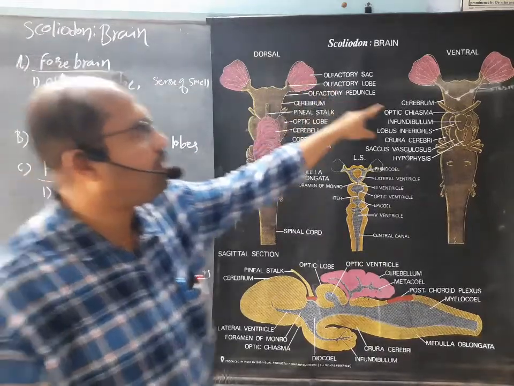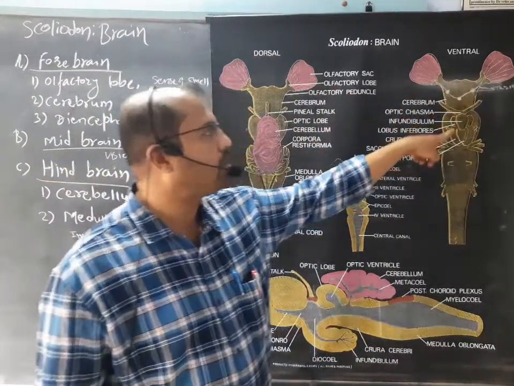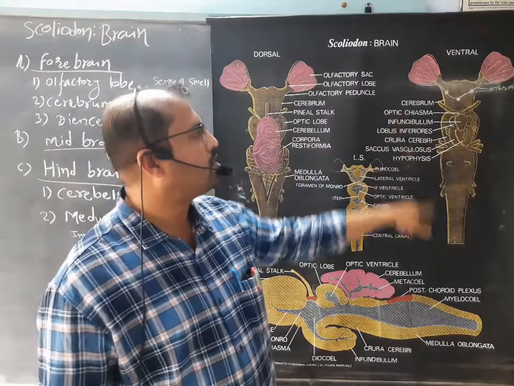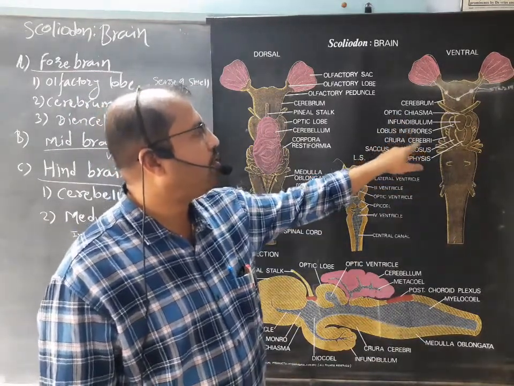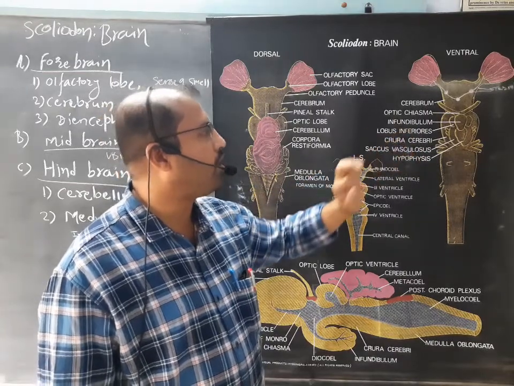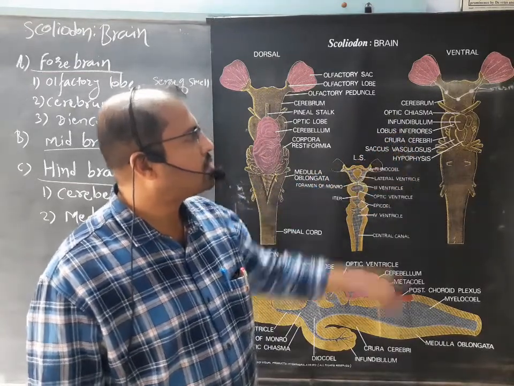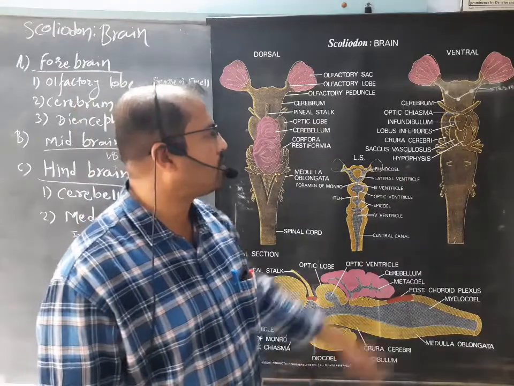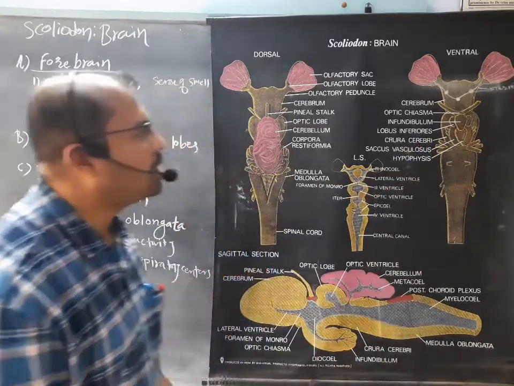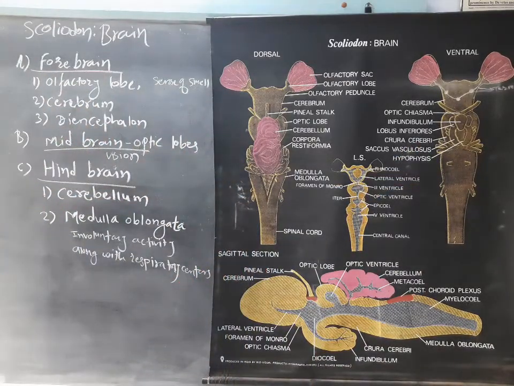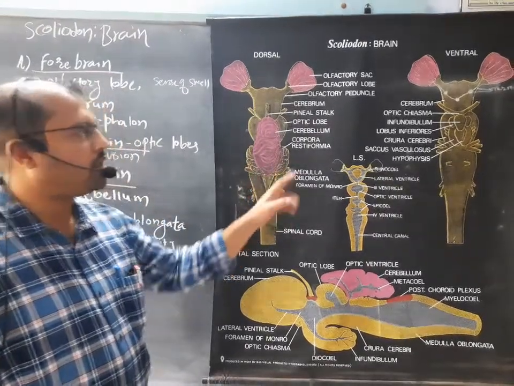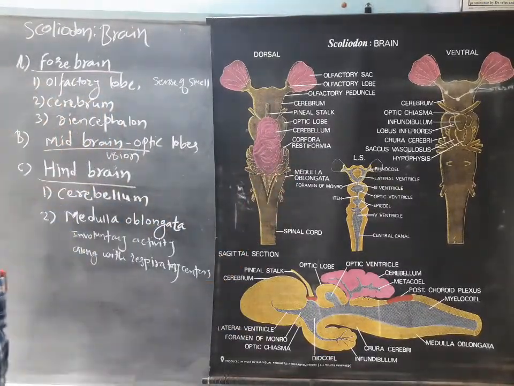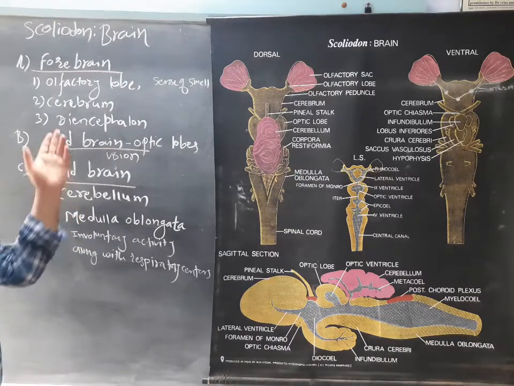But in the ventral view, we see the diencephalon, which has the infundibulum, lobus inferior, saccus vasculosus, hypophysis and crura cerebri. These portions are hidden under the cerebellum dorsally, but ventrally they are visible. So these are the three portions.